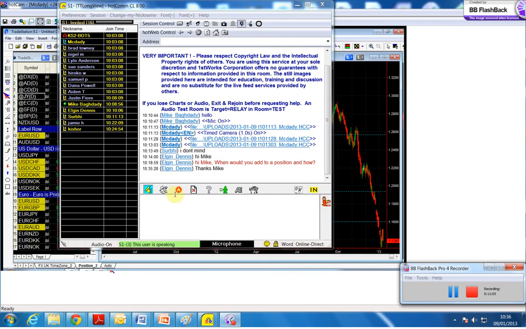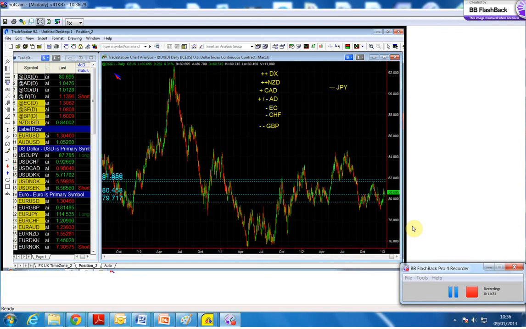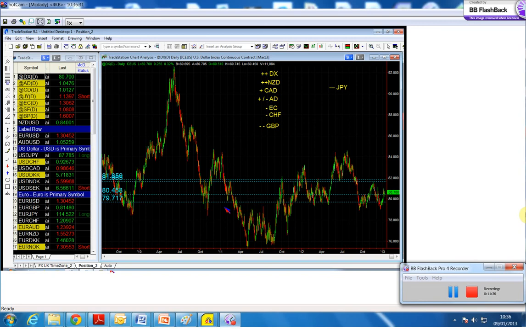Now, we have been all over the weekend from the Sunday session. We have discussed the currencies and identified the trends, and we all know that the trend now is up in the US dollar, and it is up in the New Zealand and up in the CAD, and it is positive to slightly neutral in the Australian dollar.